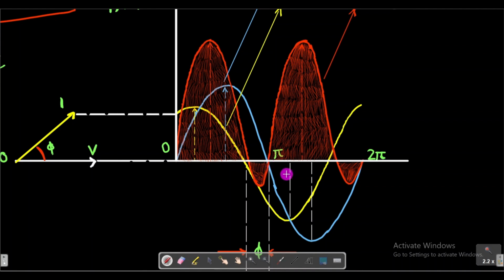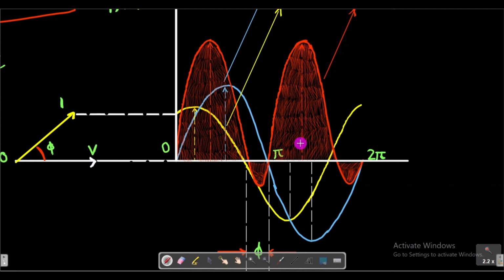After this region the voltage becomes negative. Here it is negative up to here, and the current is also negative. If we multiply negative with negative, that will give us positive. So the resultant power here is positive.